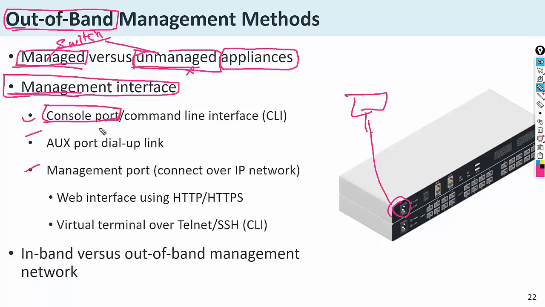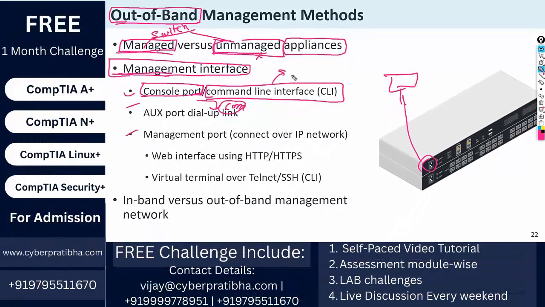A console port is just a type of port where we connect to another interface or the COM port and access the terminal. Another is the command line interface. So how can you use the command line interface? There are two mechanisms. One, you need to enable the VTY, virtual terminal.